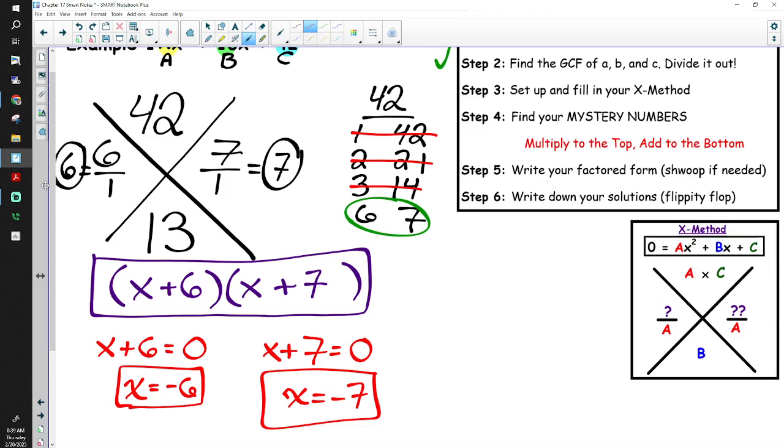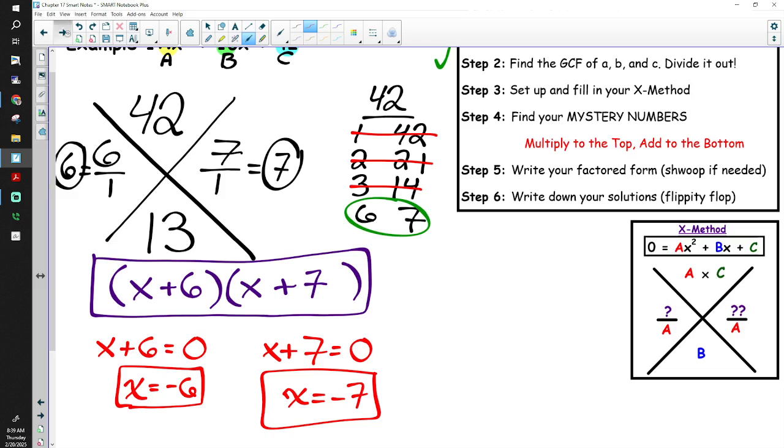A positive 6. If it was a negative 7, it would have become a positive 7, which is, look, step 6. Write down your solutions, and I just wrote the word flippity-flop. You take your factors, you flip their sign, those are the answers. For factored form, you take your factors and you just plug them in. Okay, one problem down. Factored form, solutions.